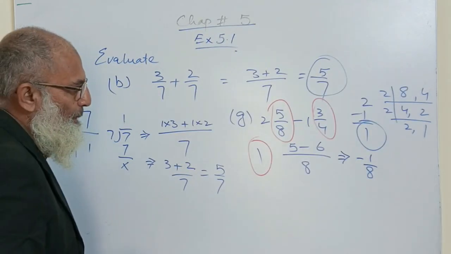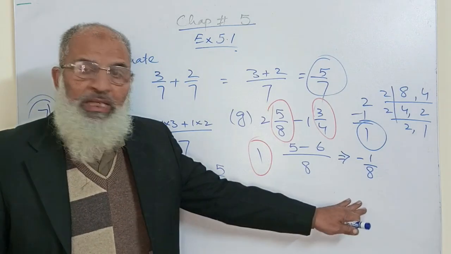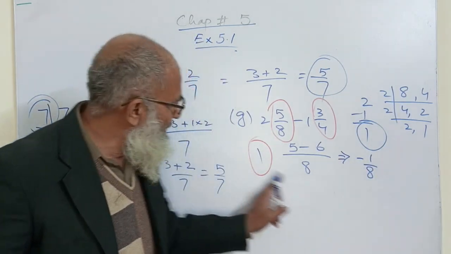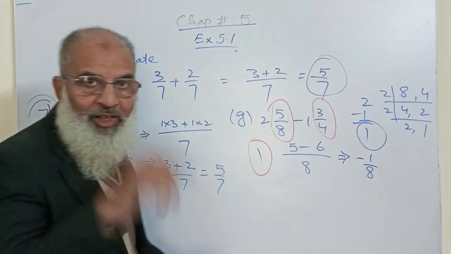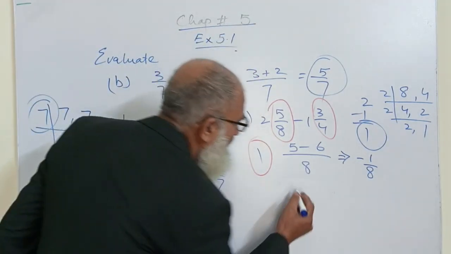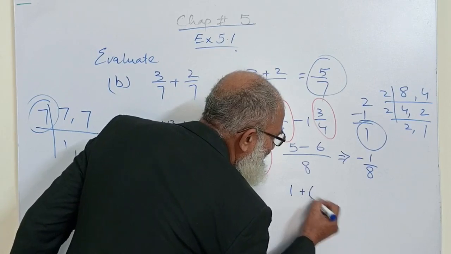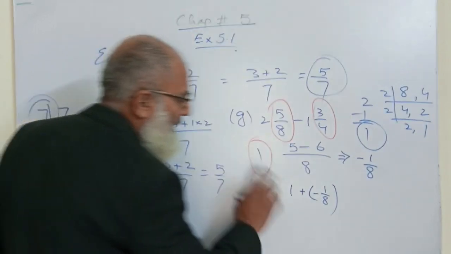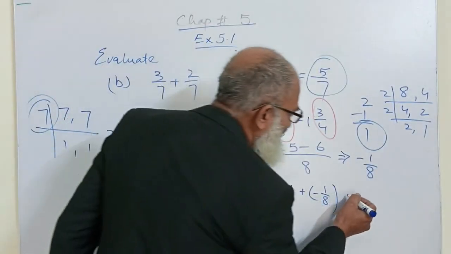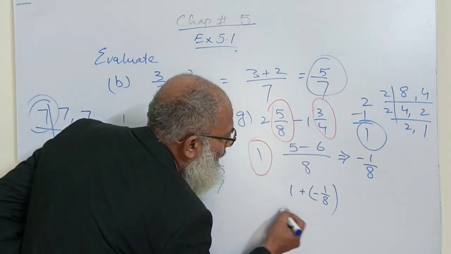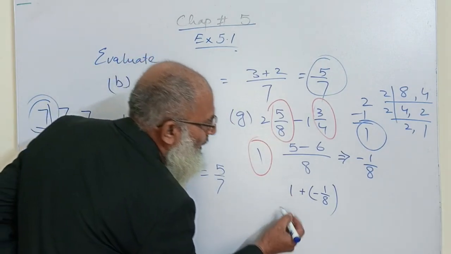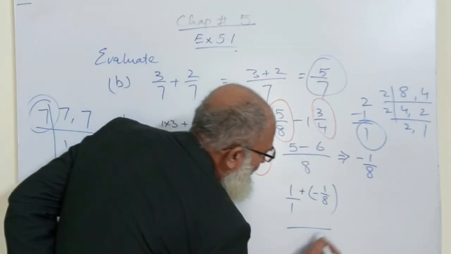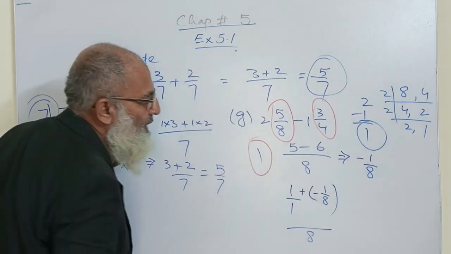Now my dear students, you see that this is minus and this is plus. Now what we are going to do is 1 plus minus 1 upon 8. So this is a little cheeky method. There is 1 over here. Again we have to divide it like this.